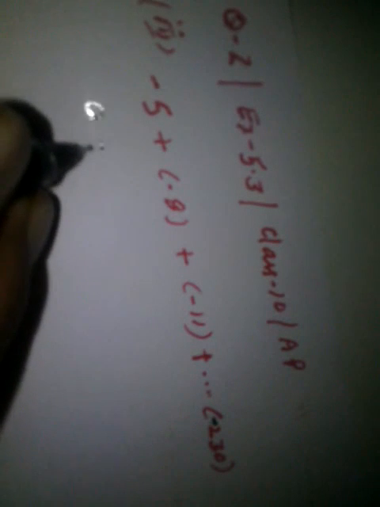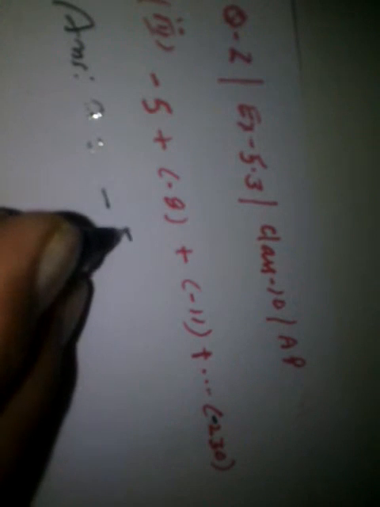So here in this particular case, a is equal to minus 5, d is equal to minus 8 minus 5, the difference of the second term and the first term. The second term is in minus, first term is also in minus, so minus 8 and minus 5 becomes plus 5, so plus 5 is equal to minus 3, so d is equal to minus 3.